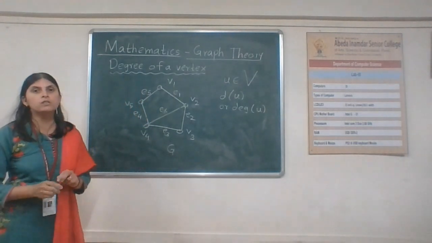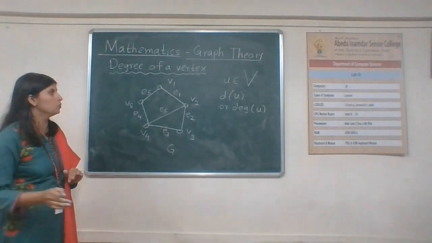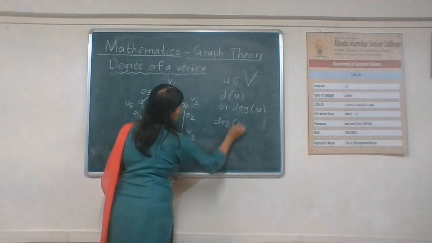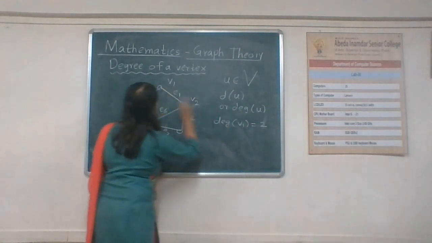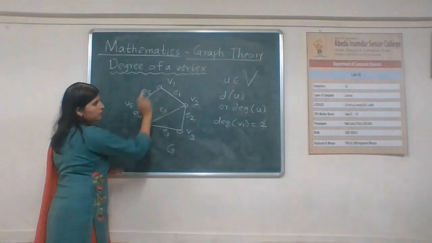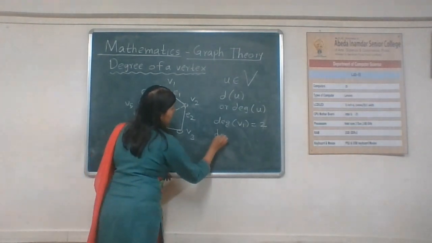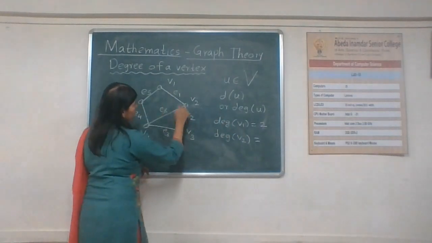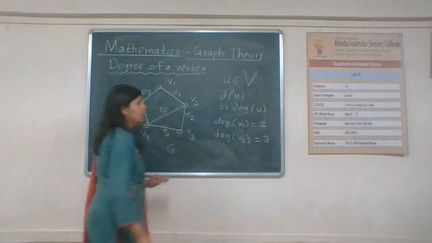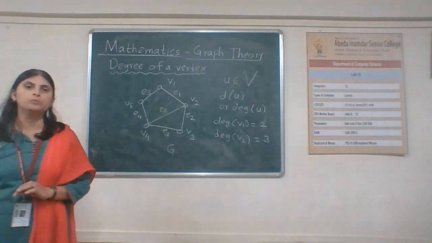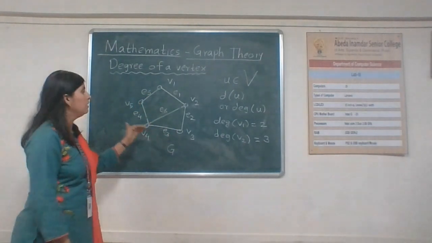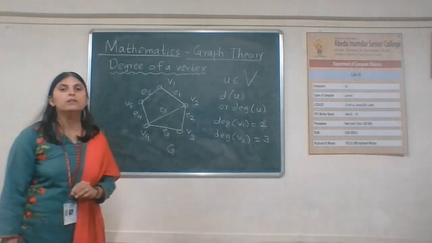So this is the notation for degree of vertex U. For example, here degree of V1 is equal to 2 because there are 2 edges incident on V1. Same way, degree of vertex V2 is equal to 3 because there are 3 edges incident on V2. So in this way, we can find degree of every vertex in the given undirected graph.